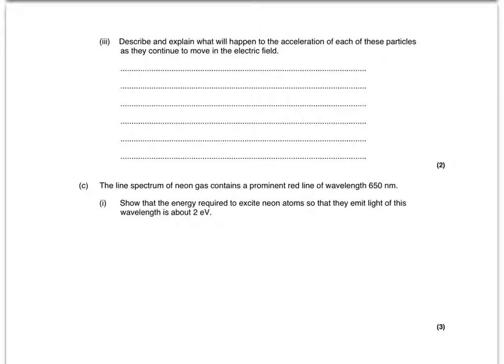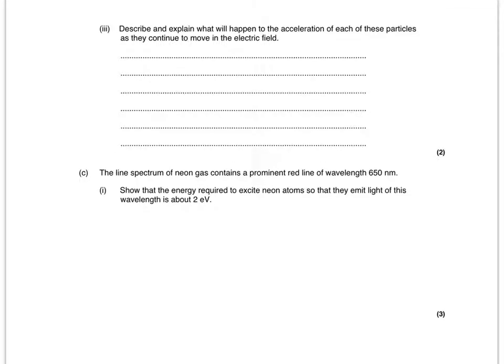Okay, the last part is describe and explain what will happen to the acceleration of each of these particles as they continue to move in the electric field. If you go back to the previous diagram, if you remember, the field lines went like this, and this was the electron.